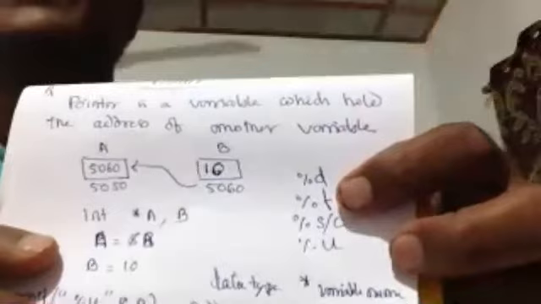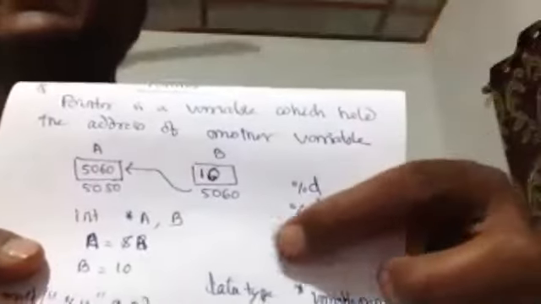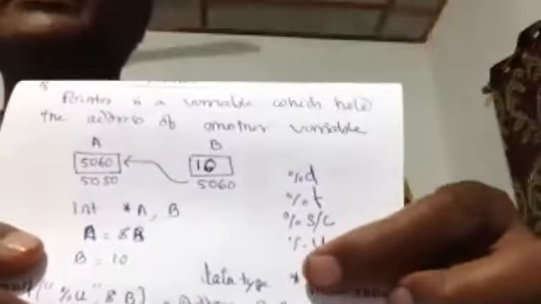Earlier we used to have D, F, S or C. Now we have a new parameter. We have percentage D, percentage F, percentage C or S. This is not discussed till now. Now we have a new parameter, percentage U.